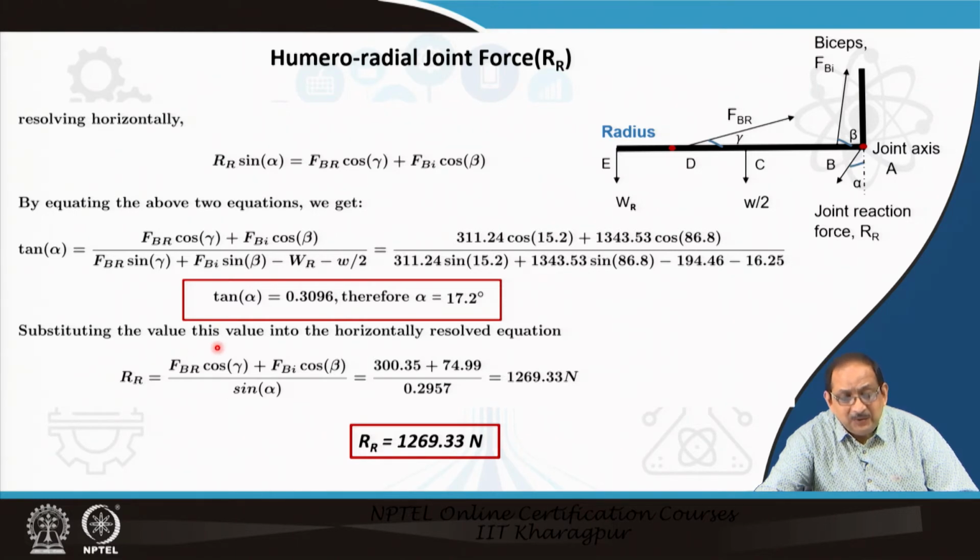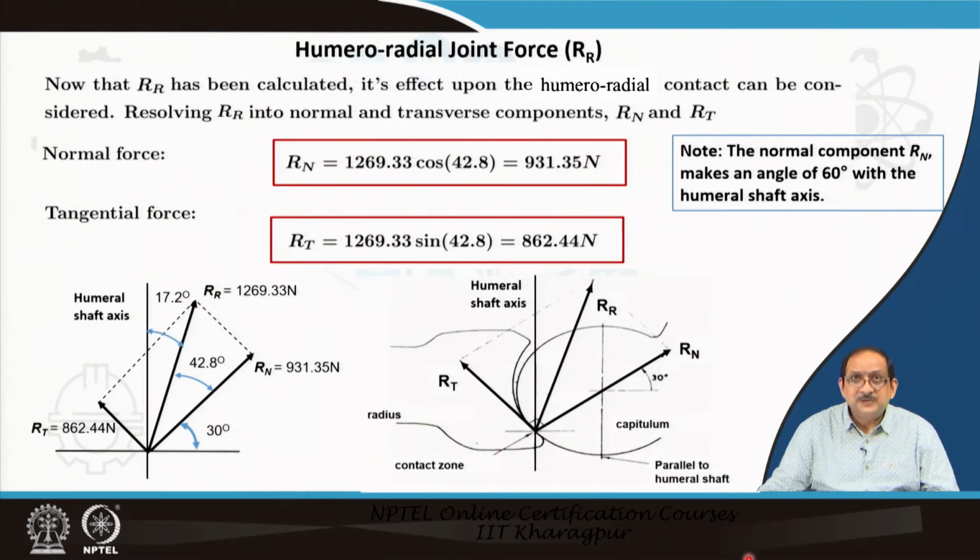Now, substituting this value in the equation formed by the horizontally resolved forces, we can determine RR, that is the humeroradial joint reaction force, which comes out to be 1269.33 Newton. In the earlier slide, we had calculated the angle alpha equal to 17.2 degrees, that is the angle at which the humeroradial joint reaction force is inclined.